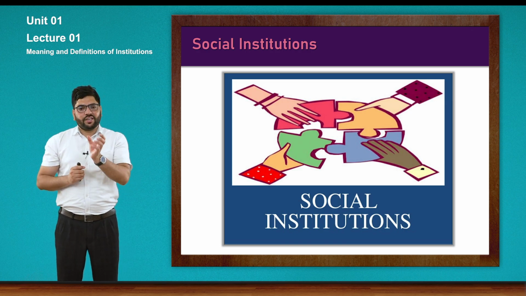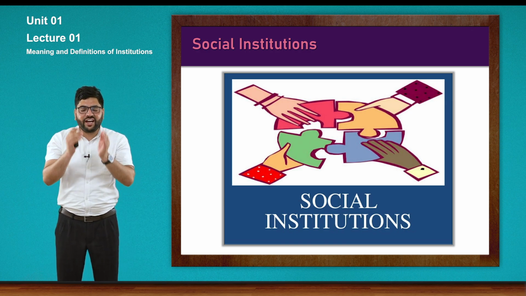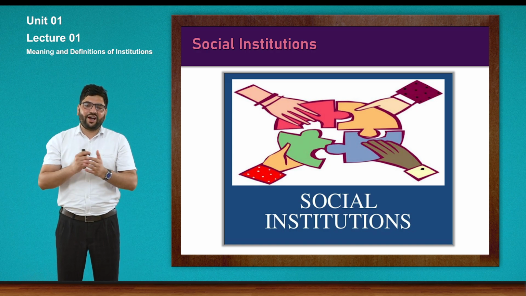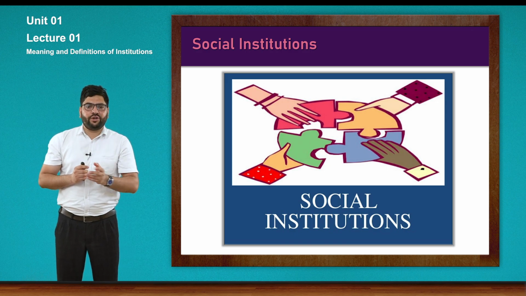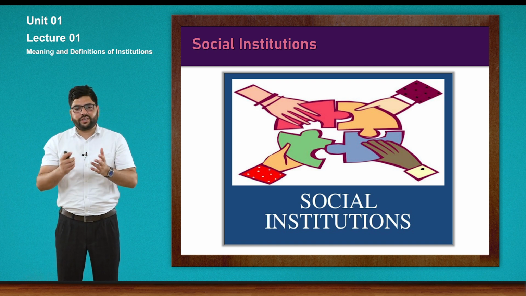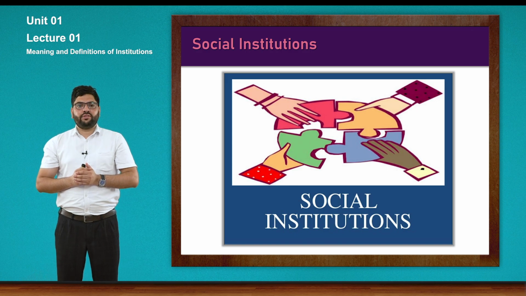When we have regulated and patterned interaction, this is what is included in the social institution. So we have abstractness, we have patterned behavior, we have regulating, and controlling man's behavior.